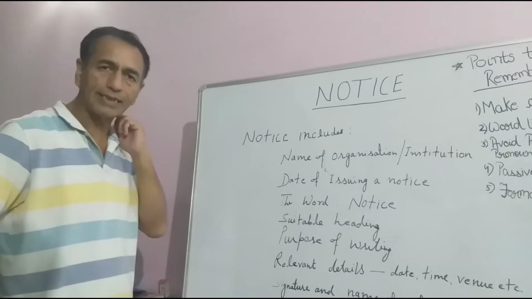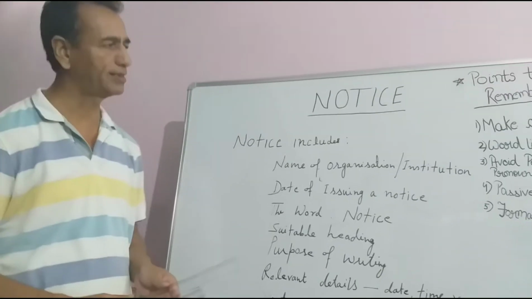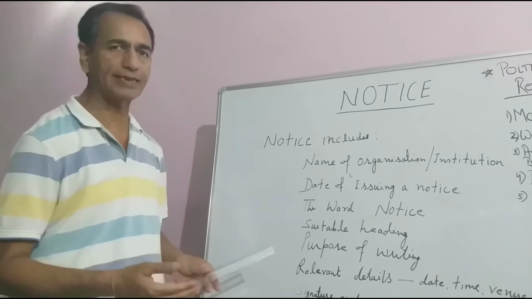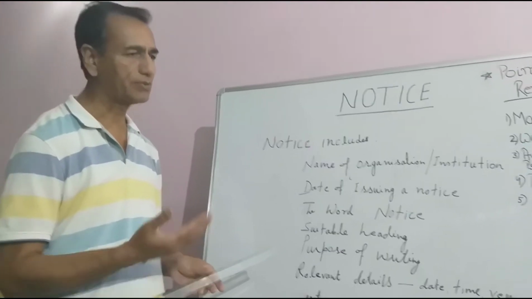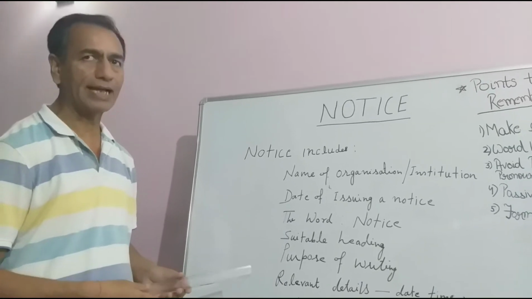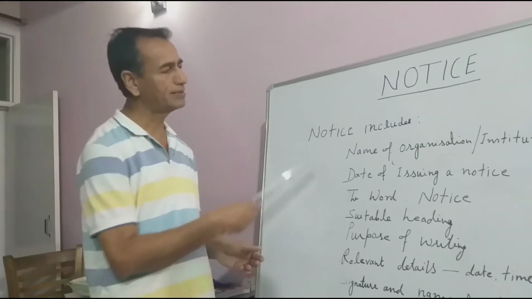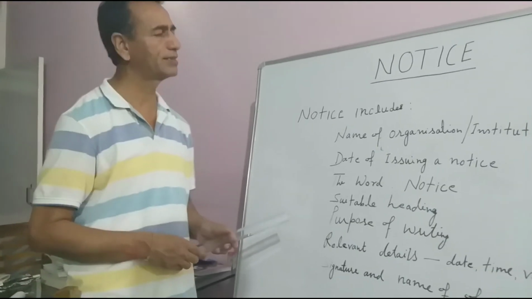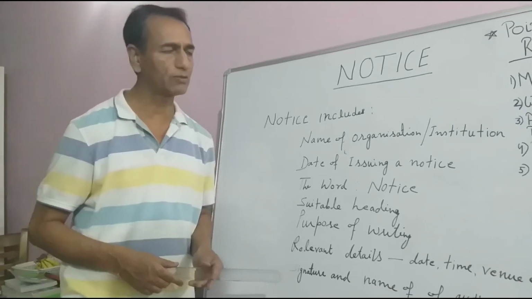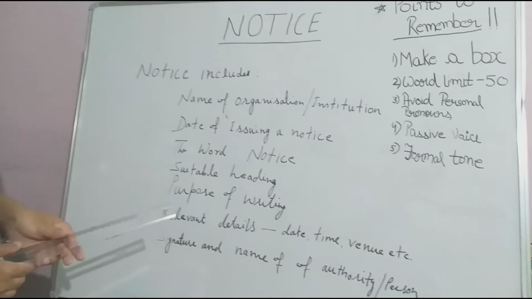Now in notice writing there are certain things which you need to remember. Notice writing is something which children are writing right from their classes 5th onwards, but still it is noticed that they make some mistakes, because in notice writing there are two things. One is the format of notice writing, and second is the way you are writing the notice.